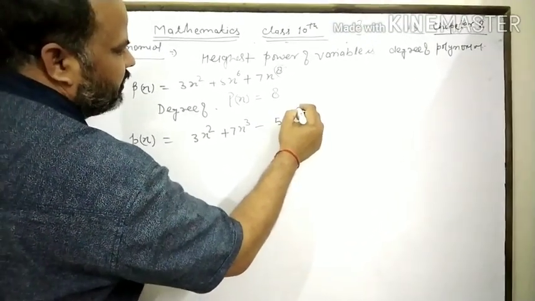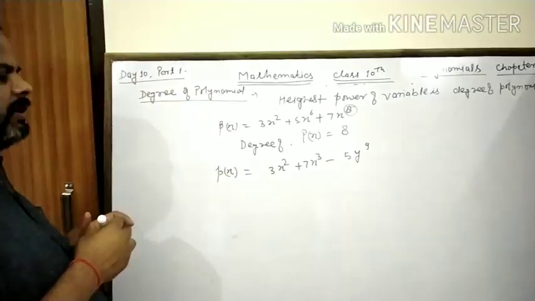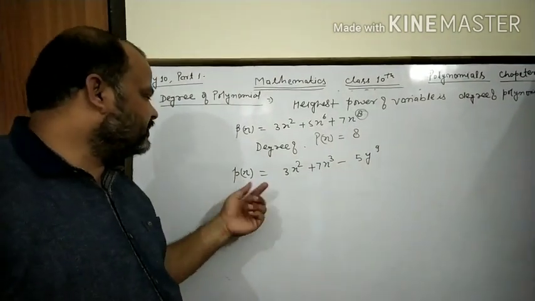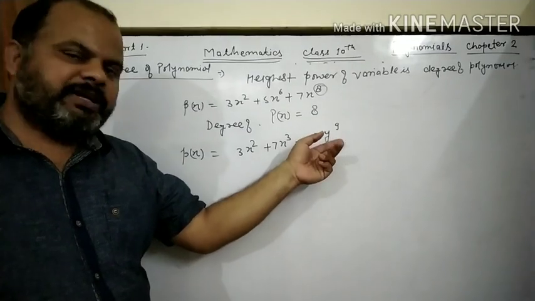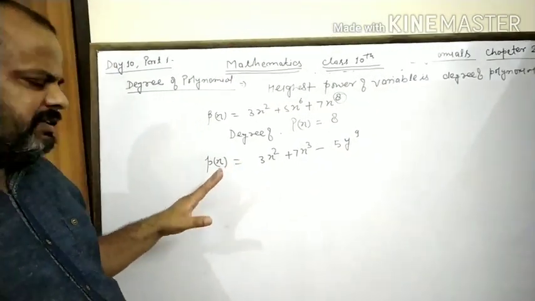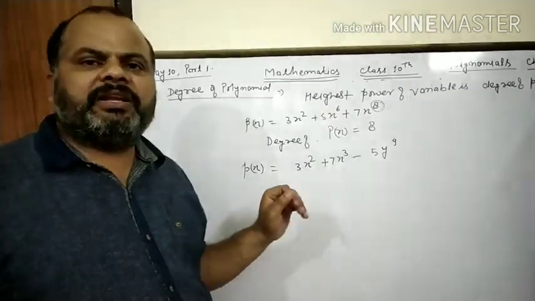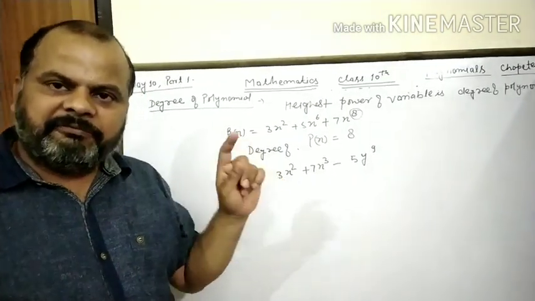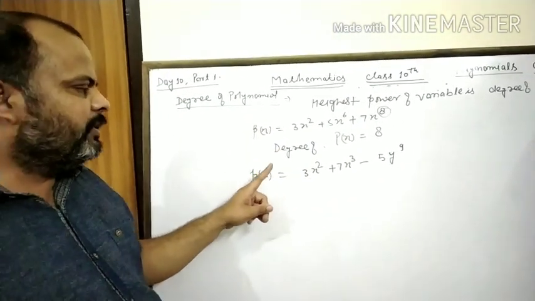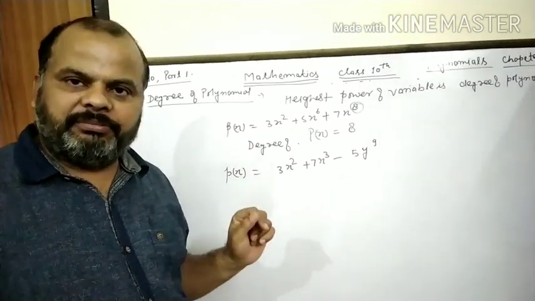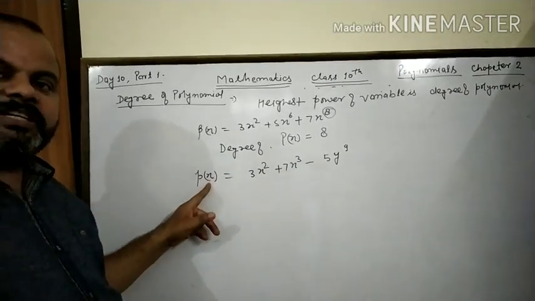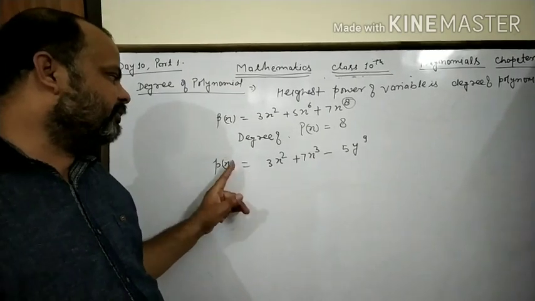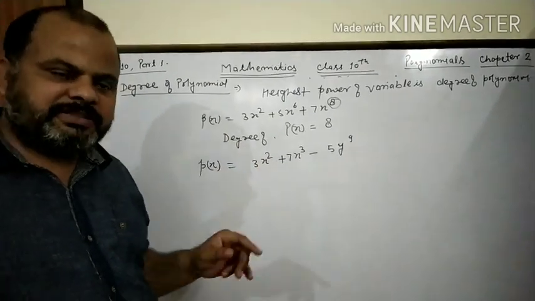Clear? In the same way, suppose p(x) = 3x square plus 7x cube minus 5y to the power 9. And it asks, what is the degree of the polynomial? First of all, you check what the variable of the polynomial is. In this polynomial, the variable is x. Then you check only the power of x.